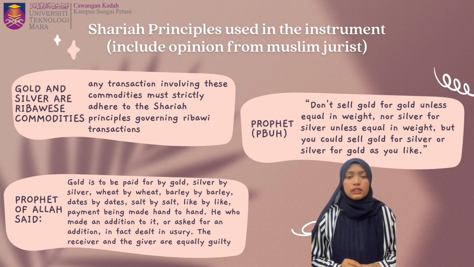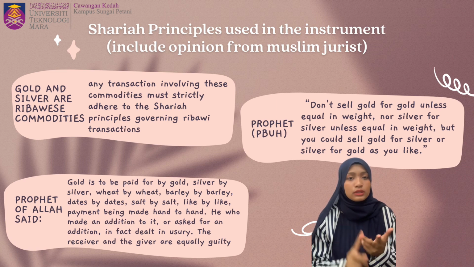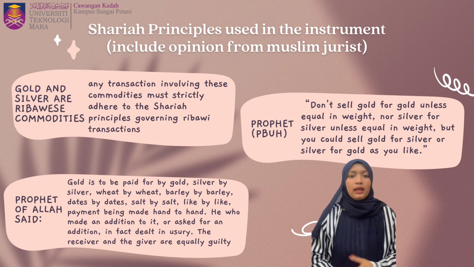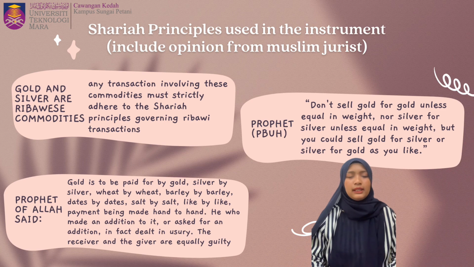A number of traditions about the Prophet explain how to deal with gold and silver. Don't sell gold for gold unless it's equal in weight, nor silver for silver unless equal in weight. But you could sell gold for silver or silver for gold as you like. And according to one narration, trading in gold and silver that doesn't follow Shariah rules is usury, which is against Islamic law.